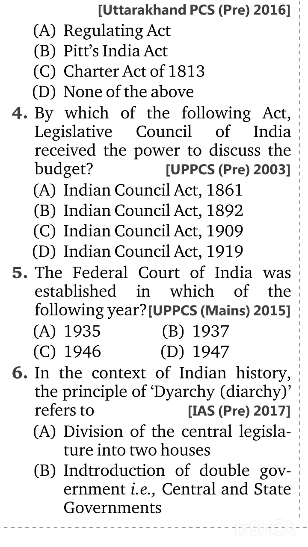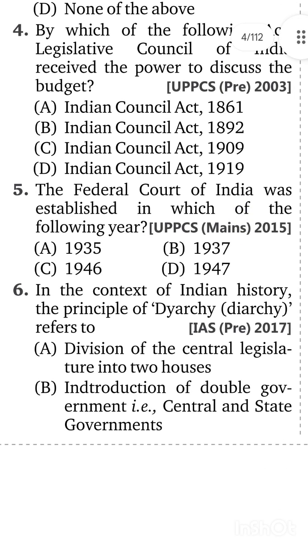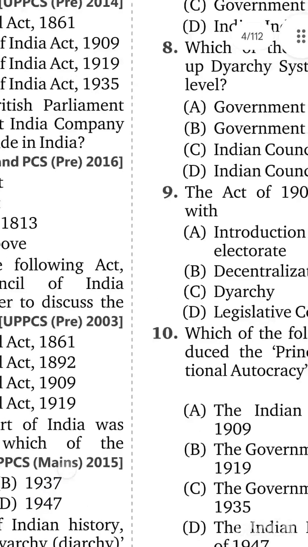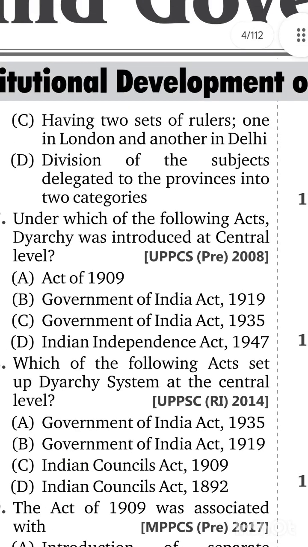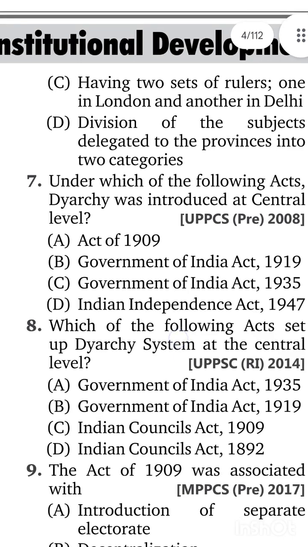Next, sixth question. In the context of Indian history, the principle of diarchy refers to? Option is D, division of subjects delegated to provinces into two categories. Diarchy means governed as two governments, two joint governments. Okay.